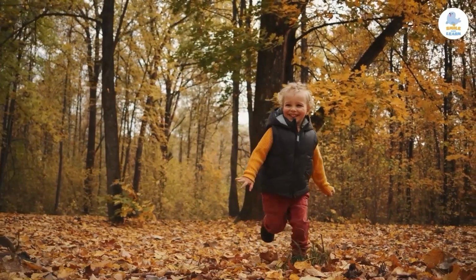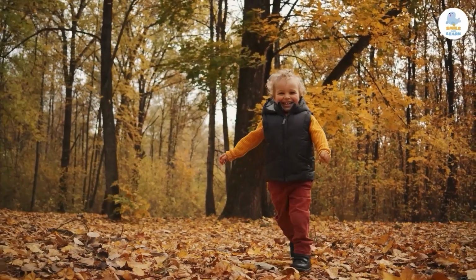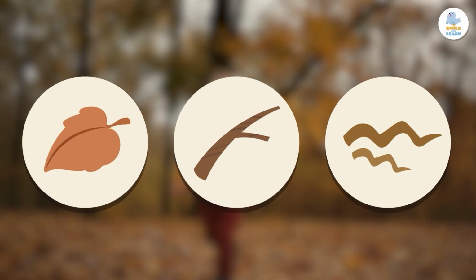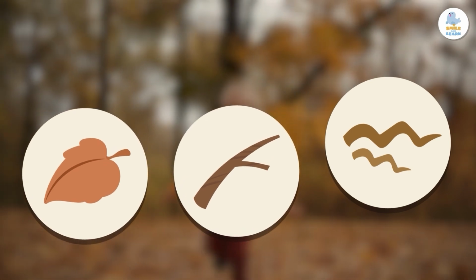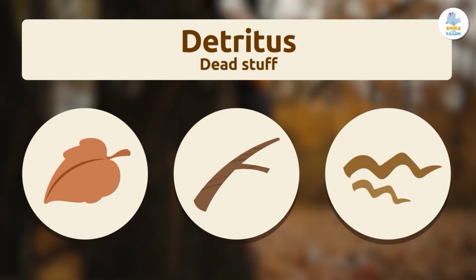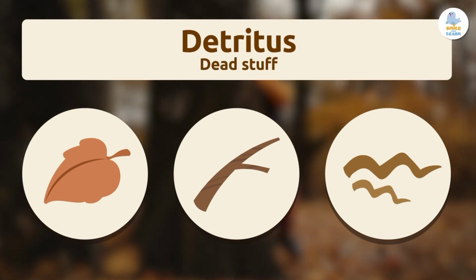If you look at the ground, you'll see a lot of dead plant remains, like leaves, branches, and even roots. We call these remains detritus, or dead stuff, and they form the first level of brown food chains.